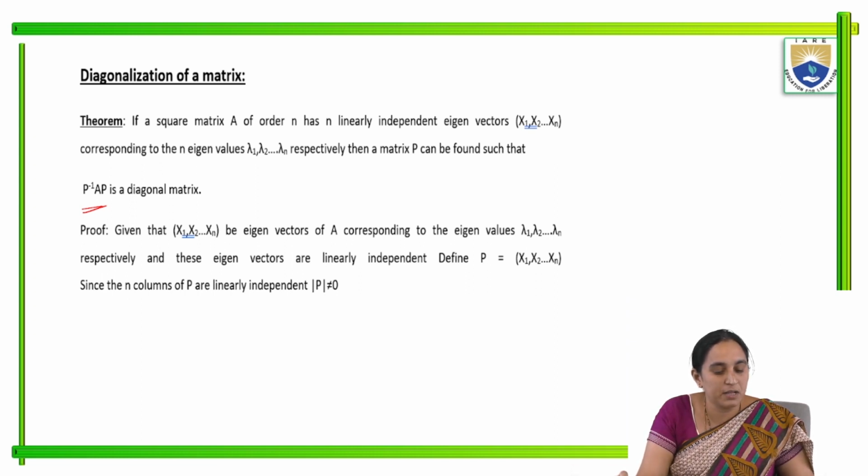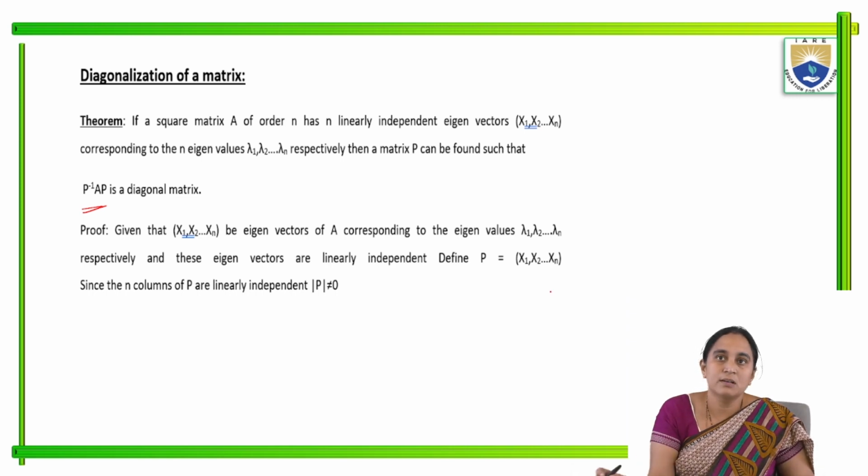Here for the proof, what is the given statement? We are given x1, x2 and so on xn, the eigenvectors of A corresponding to the eigenvalues lambda 1, lambda 2 and so on lambda n respectively, and these eigenvectors are linearly independent.